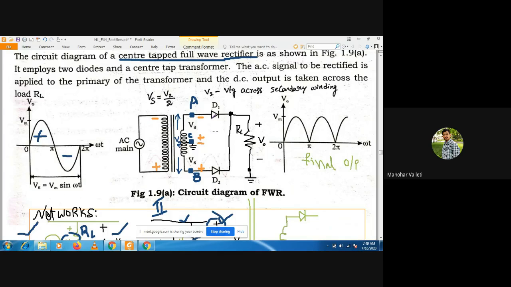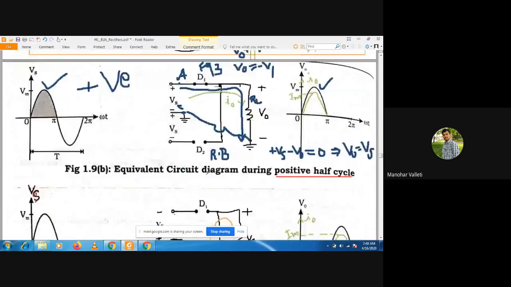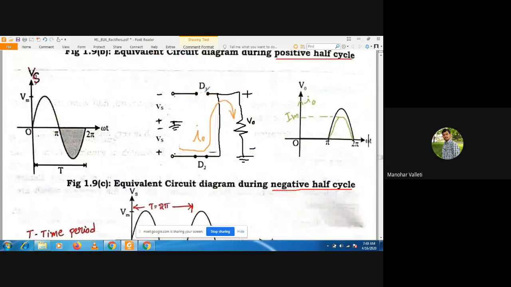Now during the negative half cycle, as point A is negative, diode D1 will be reverse biased, and diode D2 is forward biased. The corresponding equivalent circuit is shown here. So how will the current flow in this case?